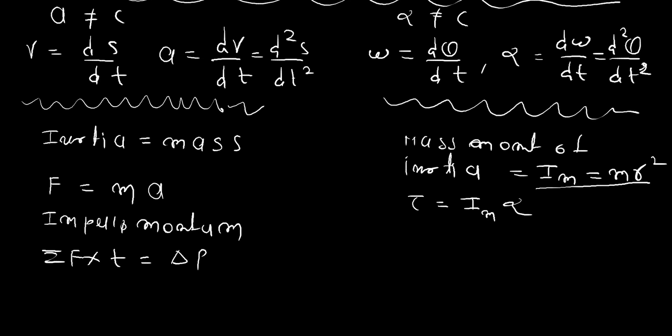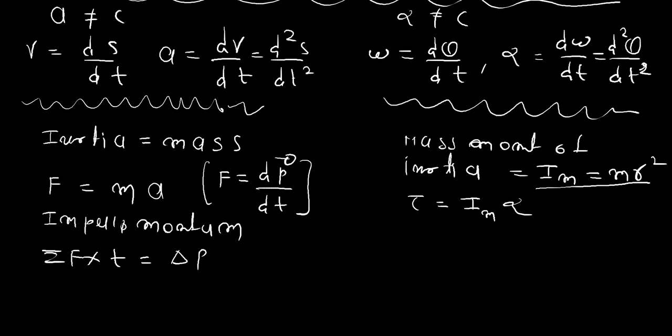At the same time, you can also do this analogy. Force is the rate of change of linear momentum. This is the basic statement of Newton's second law of motion: force is directly proportional to change of momentum.